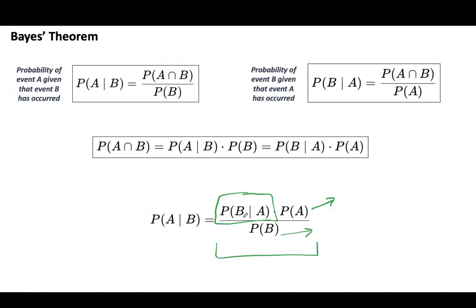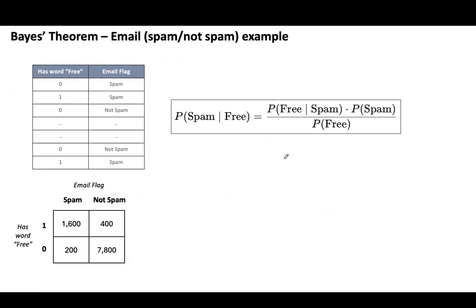But again, how is this expression really useful? Let's go back to our example of email classification as spam or not, and try to apply this expression. And as you can see, based on what we had as the information, the labels also have changed.